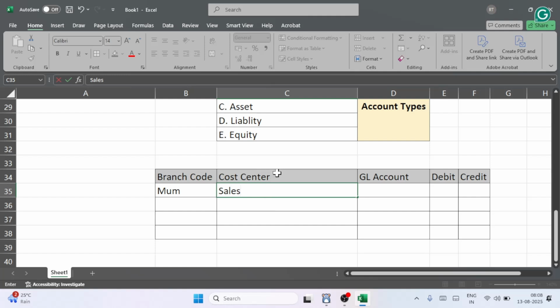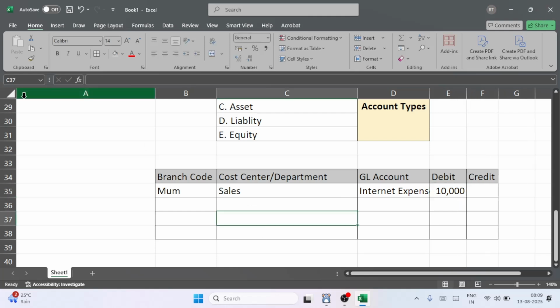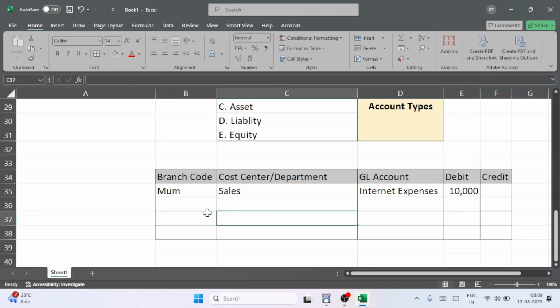Cost center, or you can say department: sales, internet expenses, debit 10,000. Mumbai, finance department, cash, bank account, 10,000.